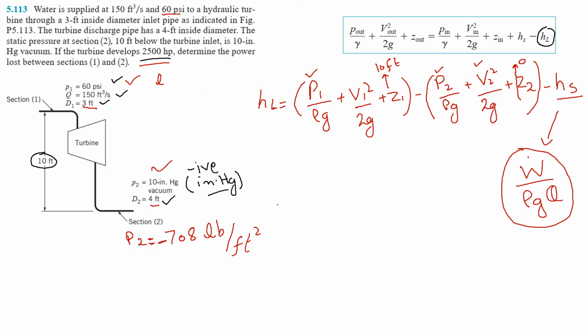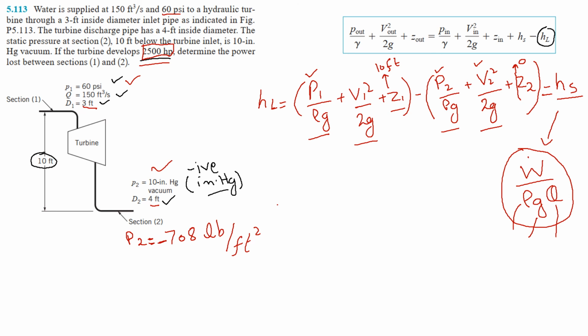So now we know all the values. We know our P1, we know our V1, we know our Z1, our P2, V2 and Z2 is equated to 0. Our shaft work head is negative due to the turbine, and that is equated to this term. W dot is the rate of power, that is given as 2500 horsepower. So we'll put 2500 horsepower here, the density of water here, the gravitational acceleration here, and the volumetric flow rate here.